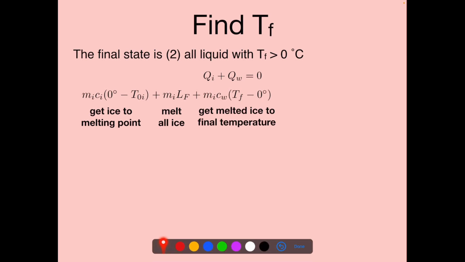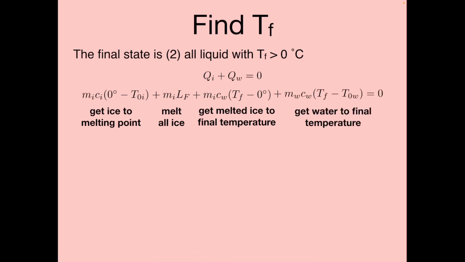Whatever the final temperature is, it's above 0 degrees Celsius. So we have the mass of the ice now times the specific heat of liquid water because it's melted, it's in the liquid phase. And then we'll have T final minus 0 degrees Celsius. That gets the melted ice to the final temperature. So this is all part of QI.